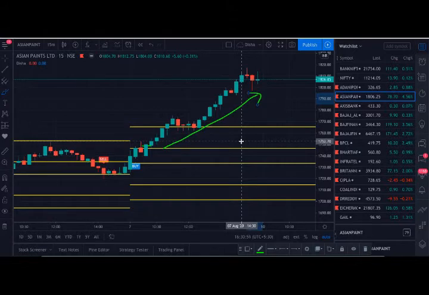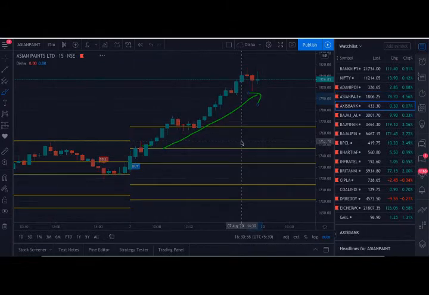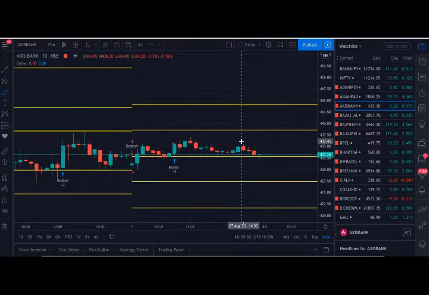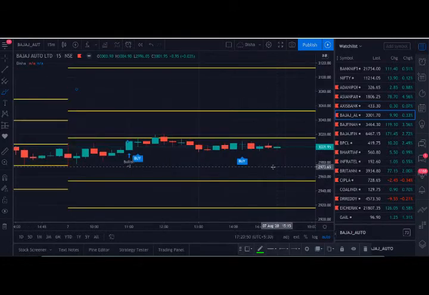Coming to the next stock, that is Axis Bank. Last day Axis Bank has given nothing. It was a bearish trend, bullish trend, but no buy and sell signals. The next stock is Bajaj Auto.